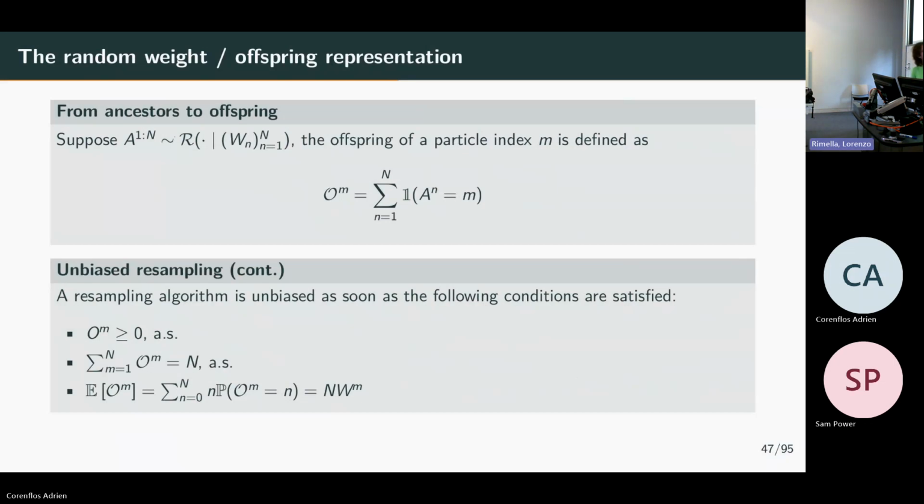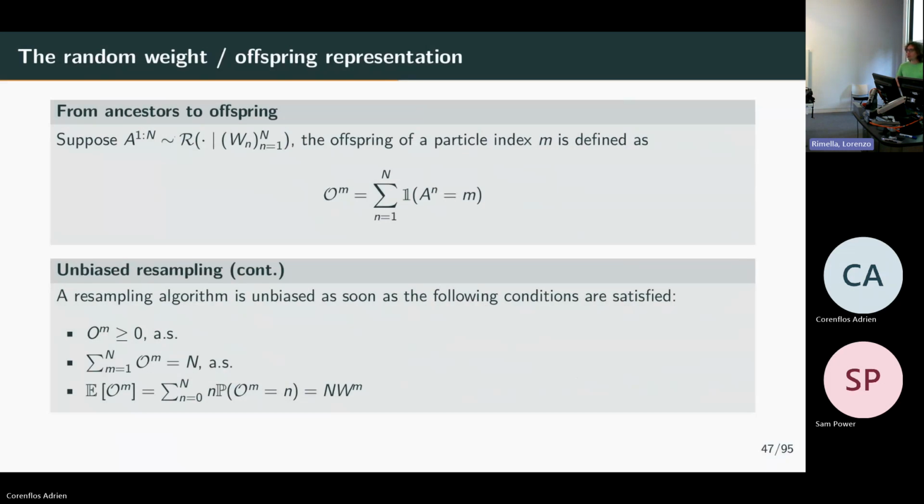So the unbiased resampling perspective can probably be understood a bit more easily in terms of offspring than in terms of ancestors. A sufficient condition is to be sure that you have a non-negative number of offspring. A negative one, I actually don't know what that would mean.